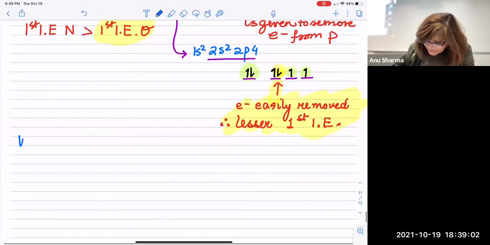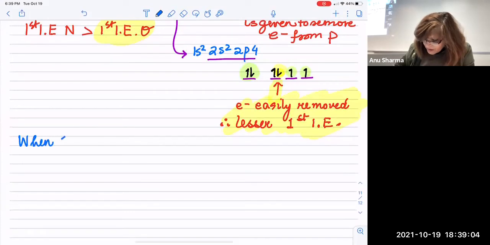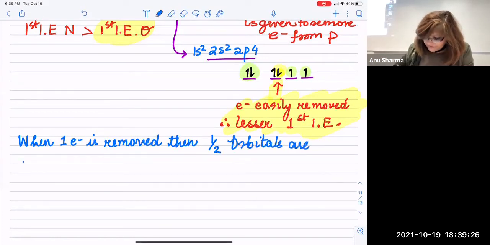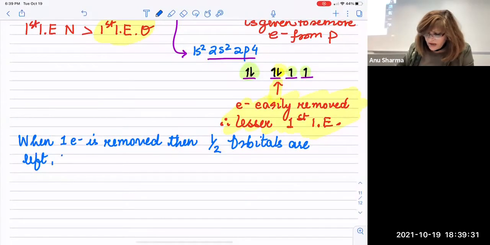when one electron is removed, half-filled orbitals are left, and half-filled orbitals are more stable.